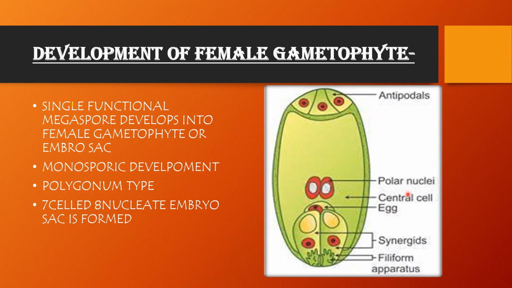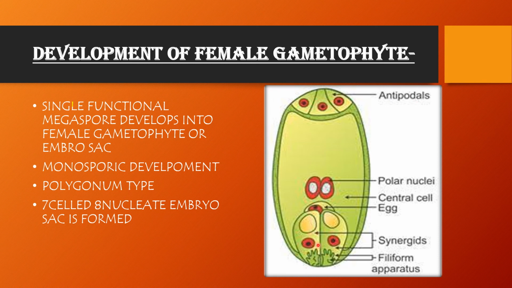On complete development, the embryo sac will look like this. This is a detailed structure of the embryo sac where you can see all the cells. The 3 cells which gather at the chalazal end are called antipodal cells.